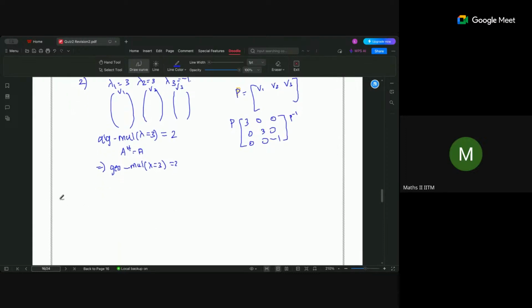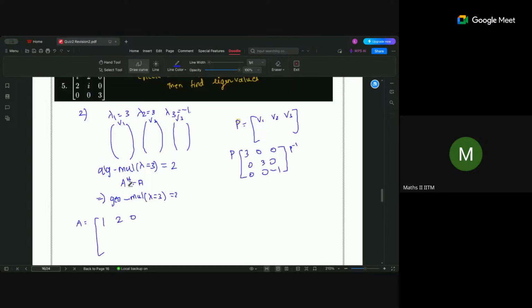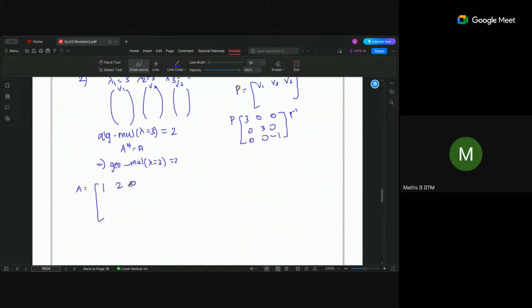Let me see. So you have A is equal to 1, 2, 0, and then 2, 1, 0, and then 0, 0, 3.